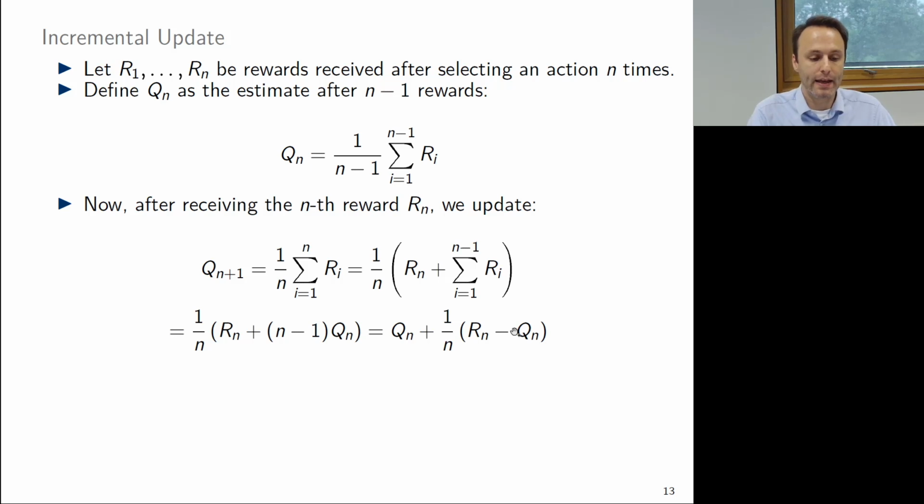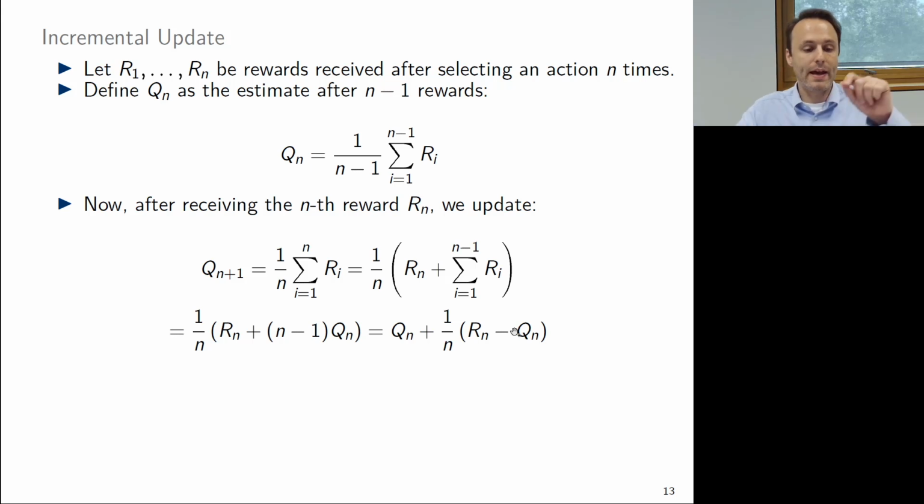And so Qn plus 1, our estimate for the expected return in n plus 1, will be the average of all the rewards up to n. And we can decompose this into the reward that we just observed, Rn, in period n, plus the ones that we already got.